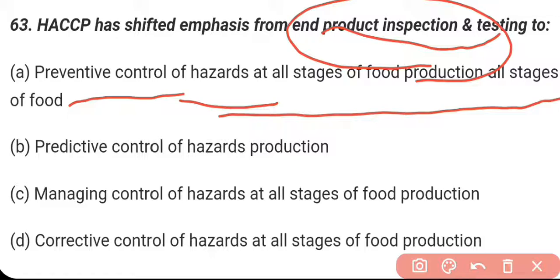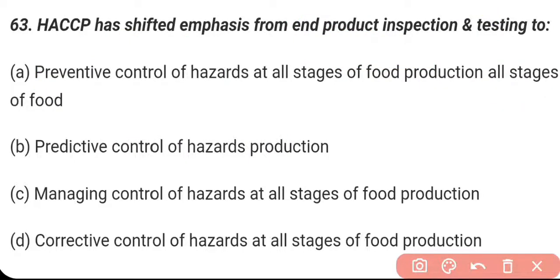If you test whether the product has any hazards or risks after that, there is no use, as all the product has been dispatched. The main purpose is to do what? Preventive control of hazards, that is the main purpose. So it has shifted from end product testing to preventive control.